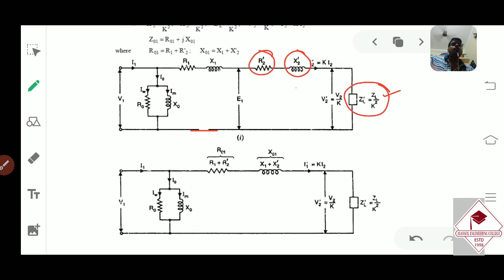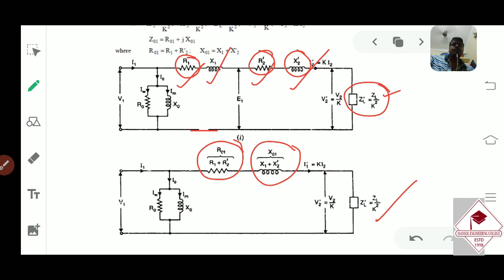Fine, and the core has been removed. Clear? Now this resistance and this can be added together to get R01 in the next step, and X1 and X2 dash can be added to get X01. This will remain separate.